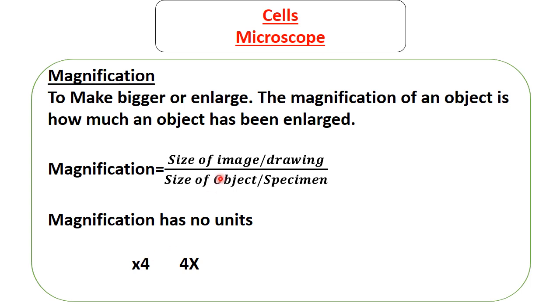So if the number you get here is 4, you write times 4 or 4 times, meaning that your object has been enlarged times 4 or 4 times or by 4 or 4 by, whatever you may call it. So this is how we calculate magnification and how we represent magnification.